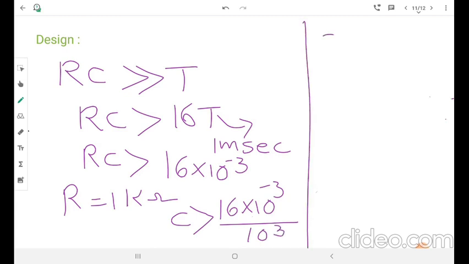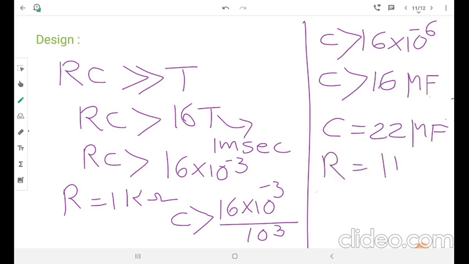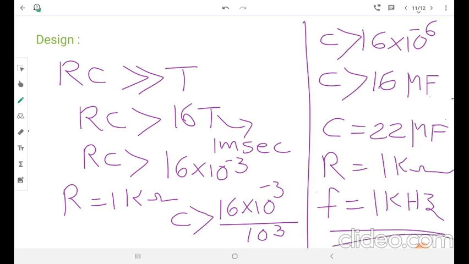That is C greater than 16 into 10 raised to minus 6, that is C greater than 16 microfarad. So we can choose a little bit higher value for C, that is, we can choose 22 microfarad. So capacitance 22 microfarad, resistor 1 kilo ohm, and the input signal having frequency 1 kilohertz. That's about the design of this RC integrator.